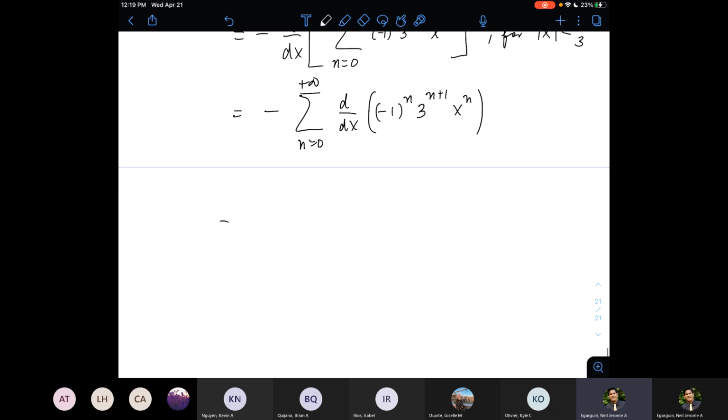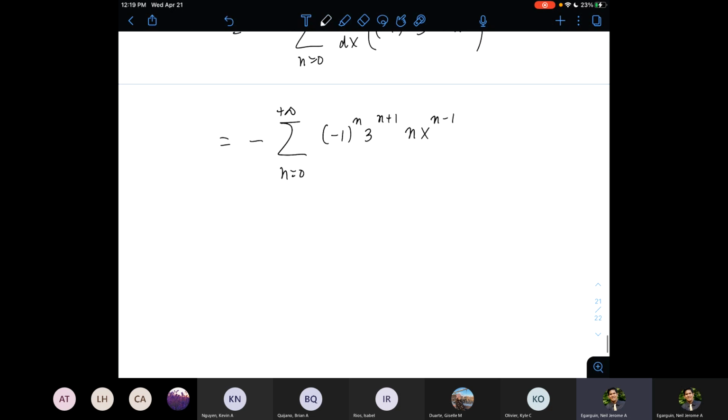All right. Then when you simplify, we need to differentiate this, but luckily only with respect to x. So all those without an x can come out of the derivative. So we just need to differentiate x to the power n. The derivative of x to the power n is just n, x to the power n minus 1.